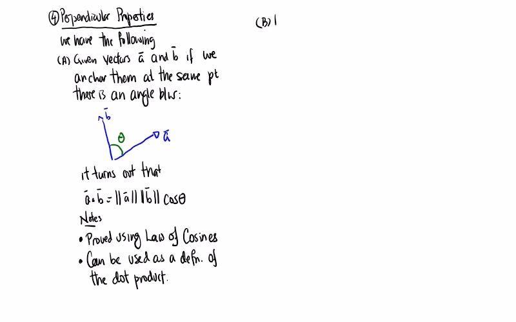So therefore it turns out that the dot product equals 0 if and only if A and B are perpendicular.